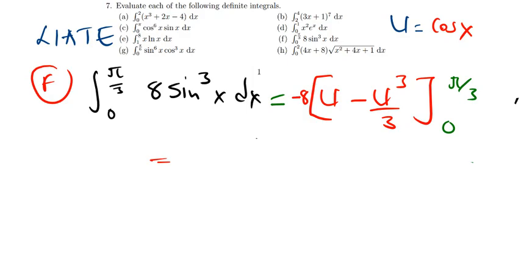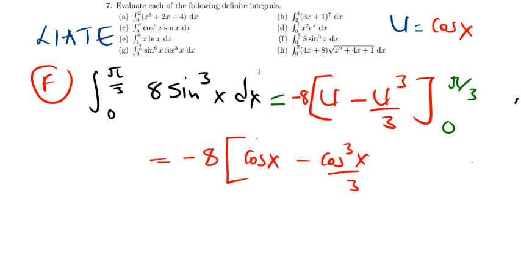So negative 8. Then for our u, we can put back now what we had, cosine of x minus cosine cubed of x over 3, then pi over 3 and 0 there. So now I just want you to substitute normally as you would.